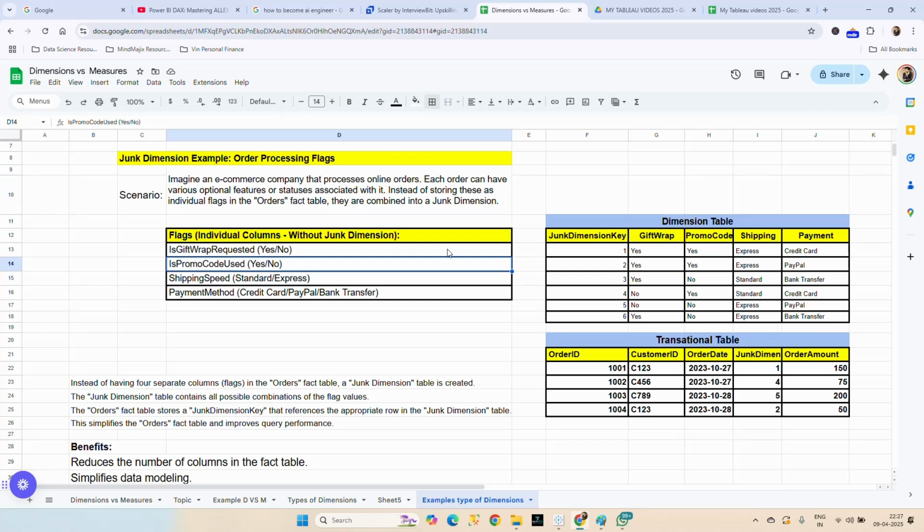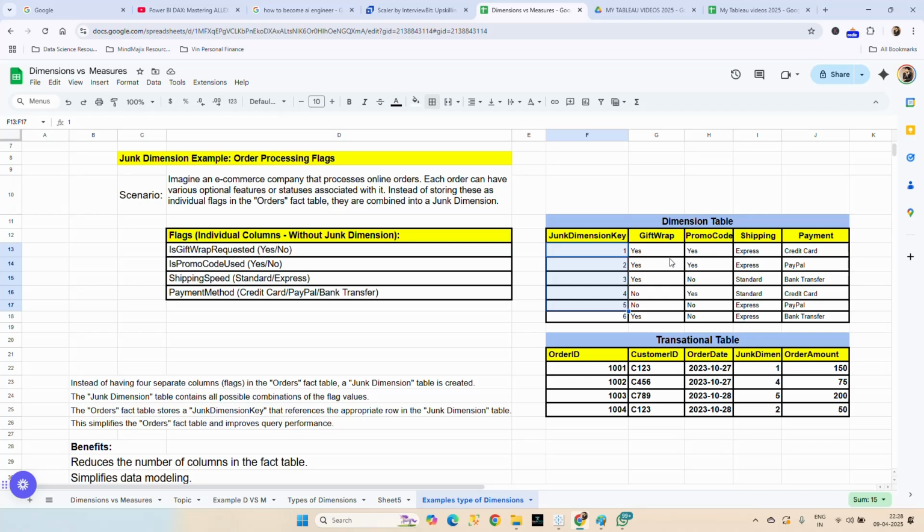Instead of updating all these things in the fact table, we can create one junk dimension table with these flags, like gift wrapped yes or no. We can create one junk dimension key. We update these junk dimension keys in the transaction table so that we can connect the transaction table with the junk dimension table.